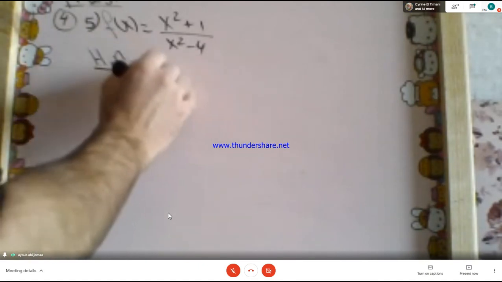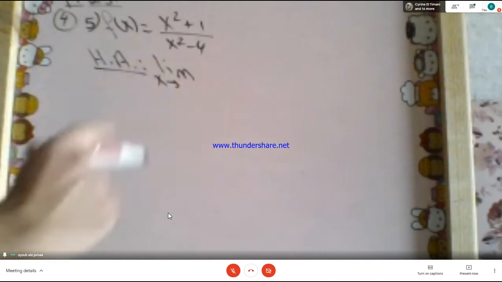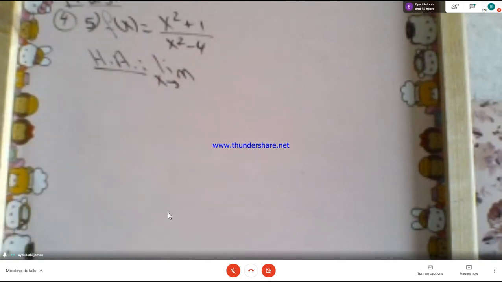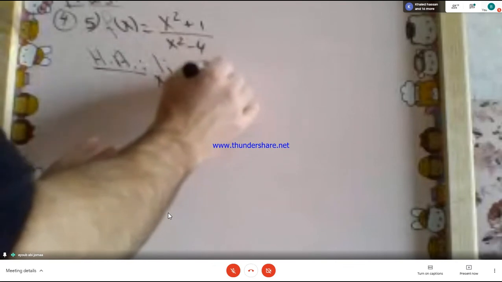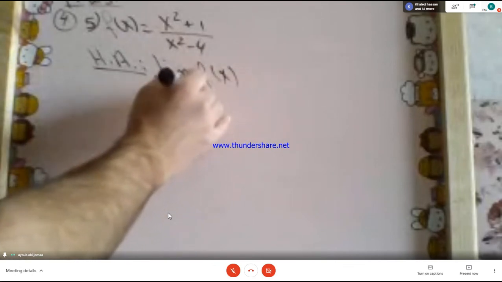Limit as x approaches what? You find the limit as x approaches infinity. The point is to find the limit as x approaches positive infinity or negative infinity.